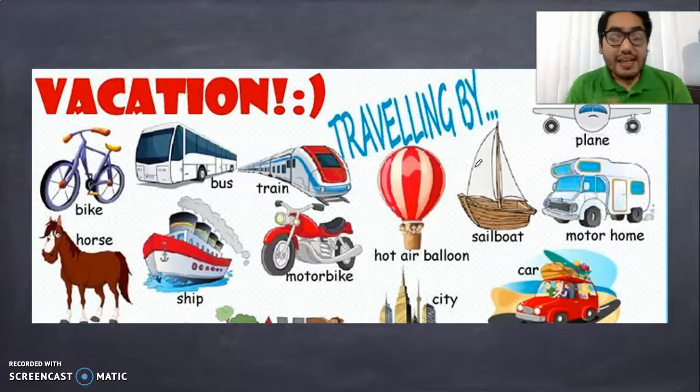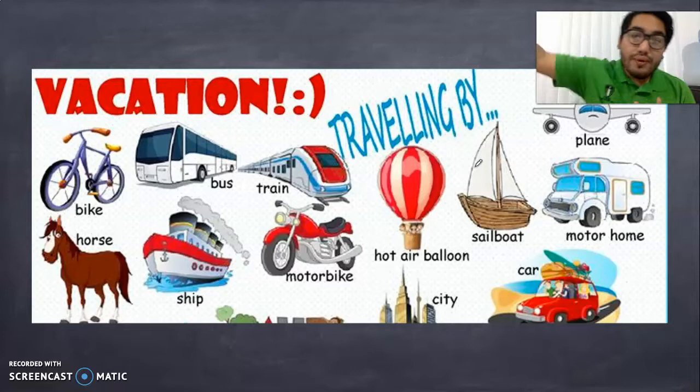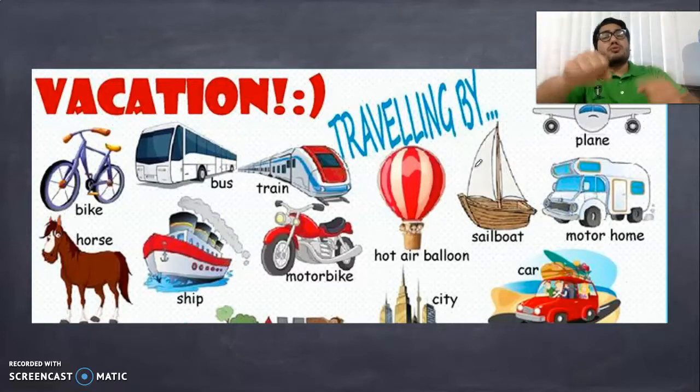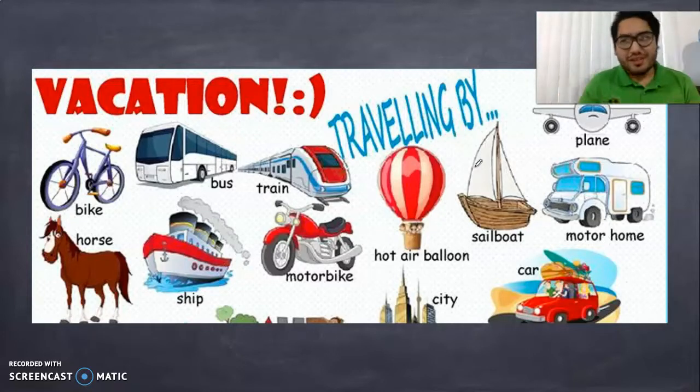As you can see, those are the vehicles that we can use to go on a trip and stuff like that. I don't know which ones you have used to go for vacations, but I have only been in the car, plane, and bus to go to another place.